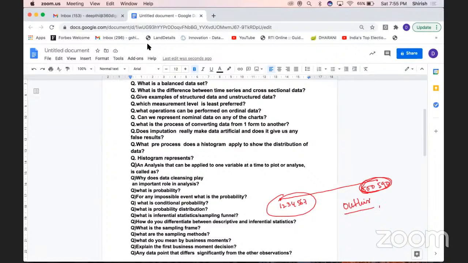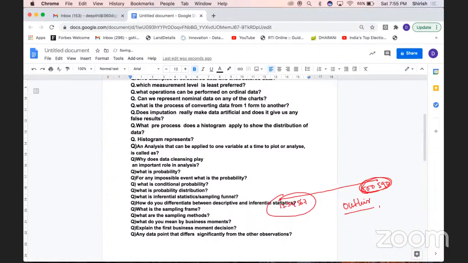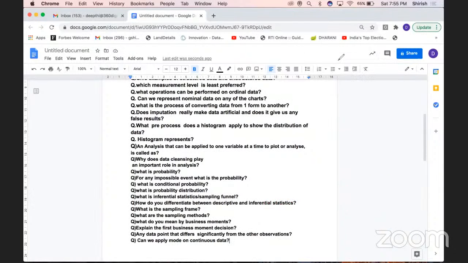Okay. Can we apply mode on continuous data, friends? Can we apply mode?